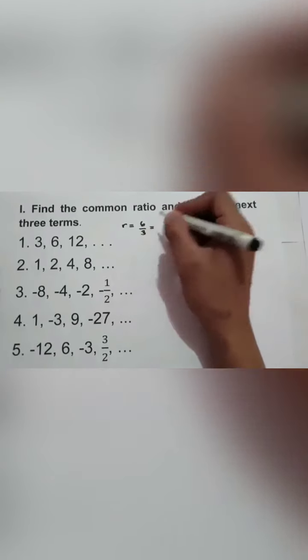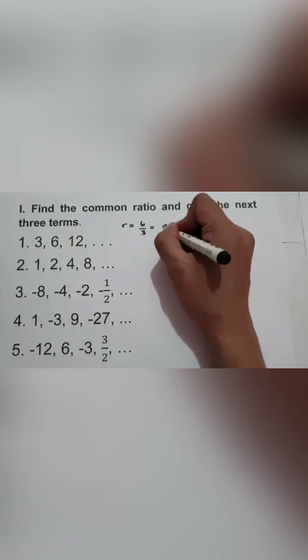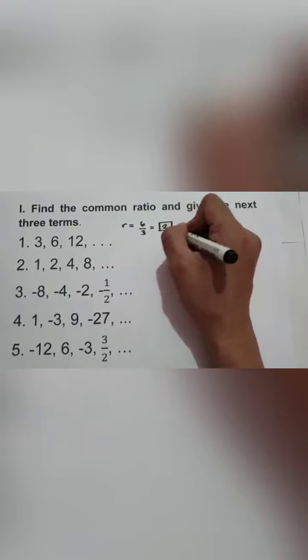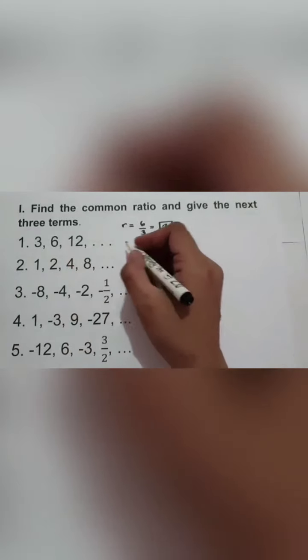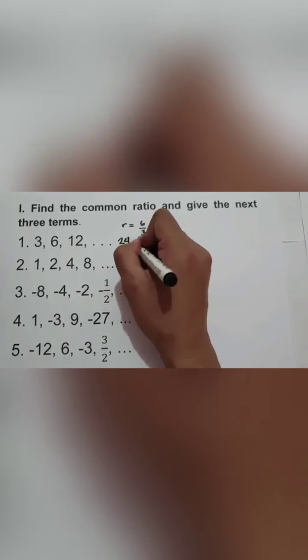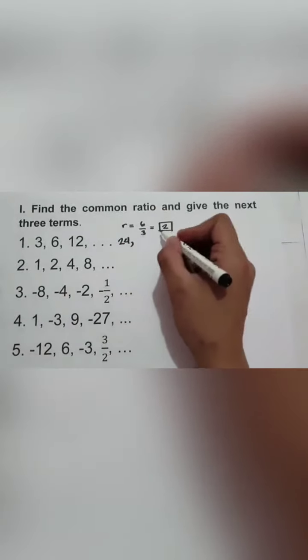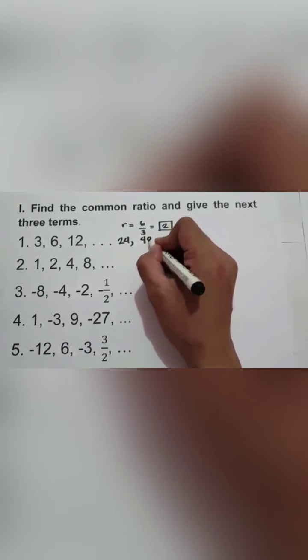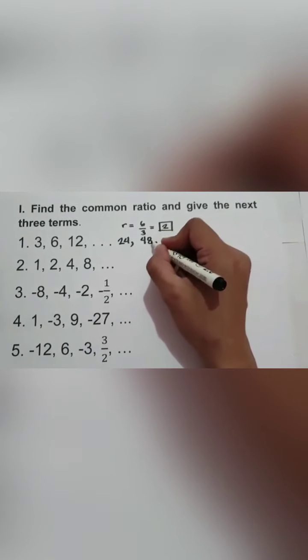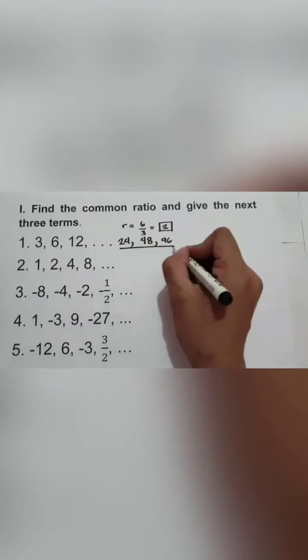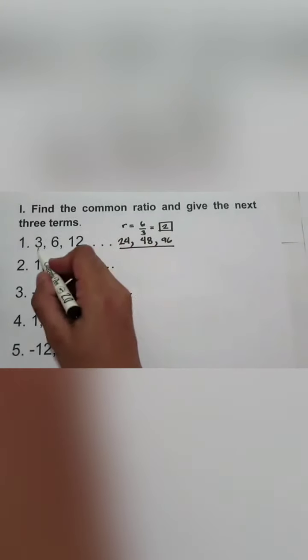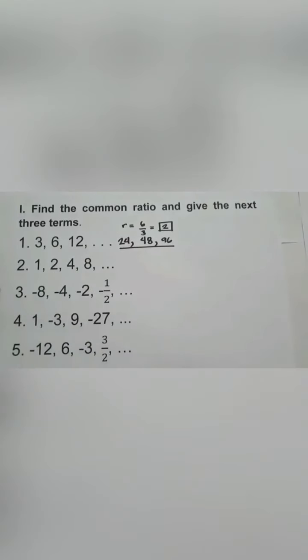So the common ratio here, 6 divided by 3, is 2. Therefore, the next three terms in the sequence 3, 6, 12: 12 times 2 is 24. Then 24 times 2 is 48. And then 48 times 2 is 96. So these are the next three terms in the sequence 3, 6, 12.